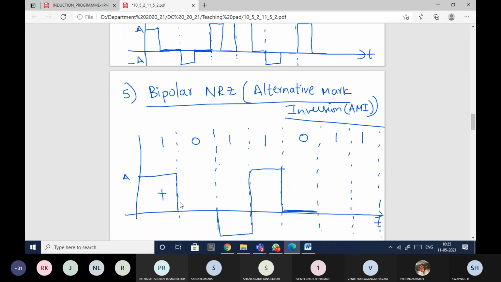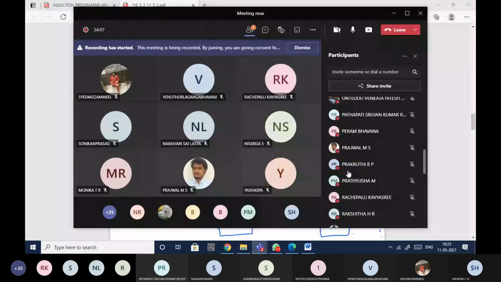Okay, bipolar in the sense I have both positive and negative, but whenever the next one comes, it will be the complement of the previous state. Okay, so here I have got a 1 with positive amplitude, so I'll have a negative amplitude here. Okay, and again here I have negative, so I'll have positive amplitude here. Okay, so this is how it happens.